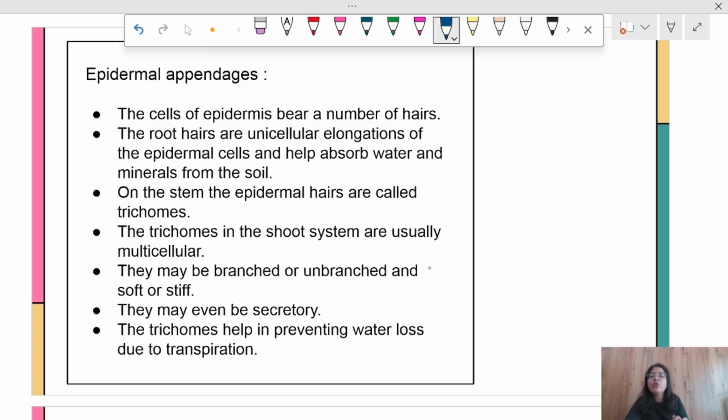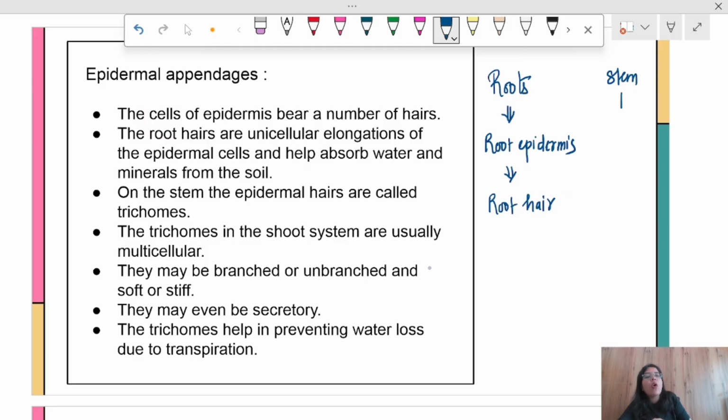So you have two types of epidermal appendages. When you will see the roots of the plant, on the root epidermis, you are going to see one appendage which you all know, unicellular appendage, which is called root hair. When you will see stem, on stem epidermis, you are going to see another kind of appendage which is called trichome.